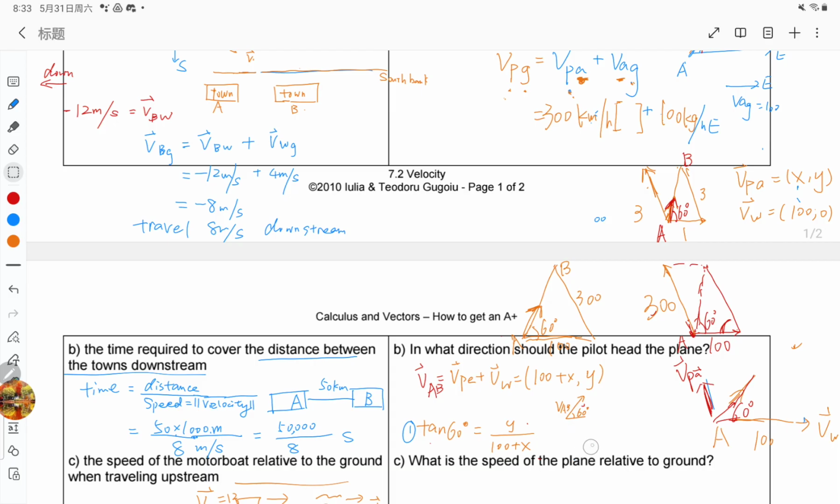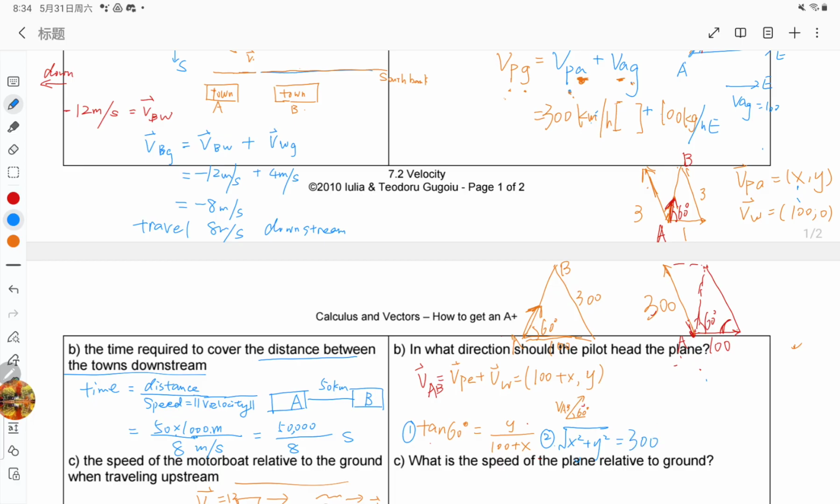And the second formula is that the square root of x squared plus y squared is going to be 300.